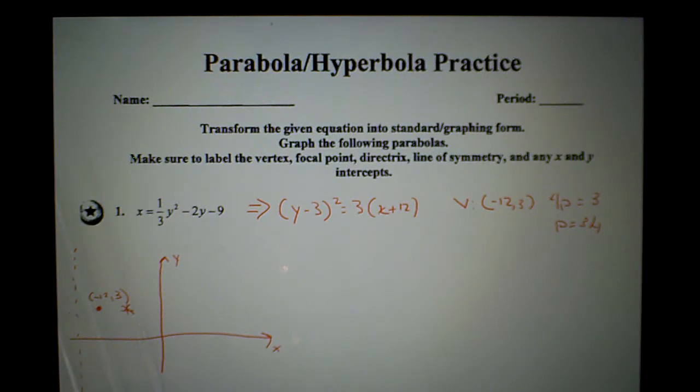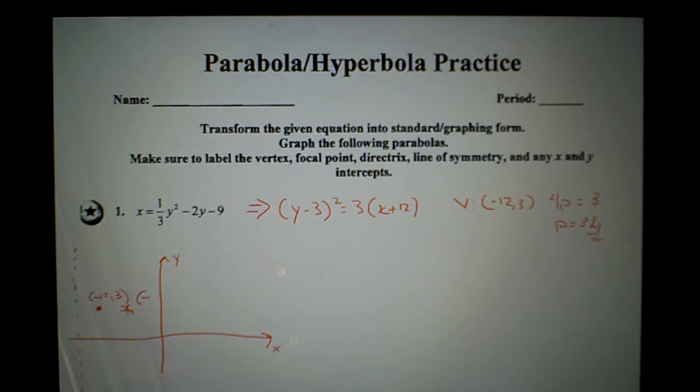So, what is that distance? Well, that distance is 3/4. So I'm going to add 3/4 and get the coordinate of the focal point.